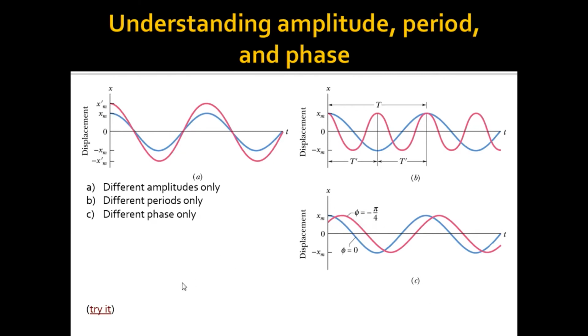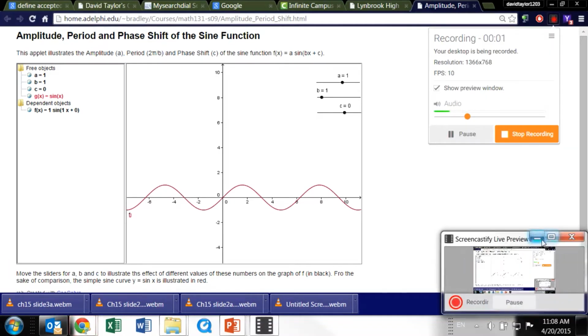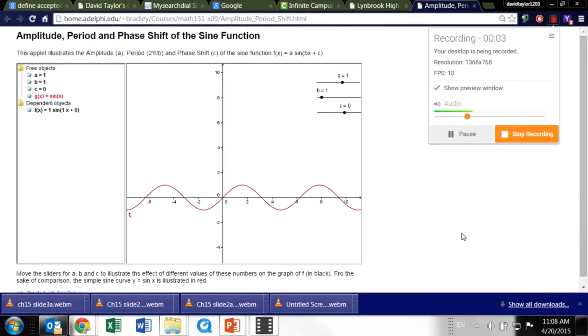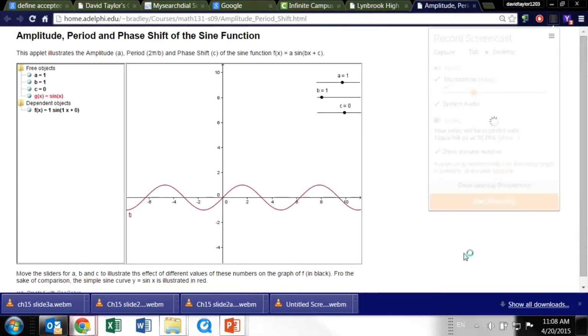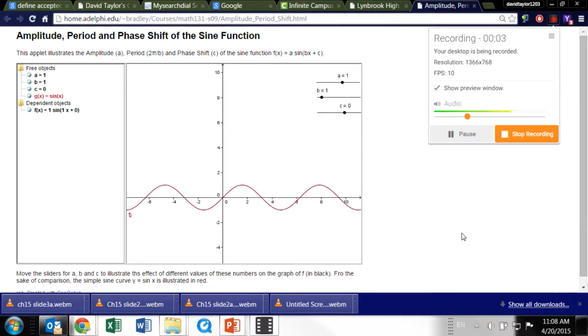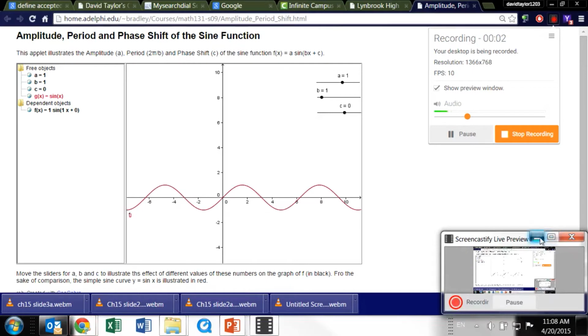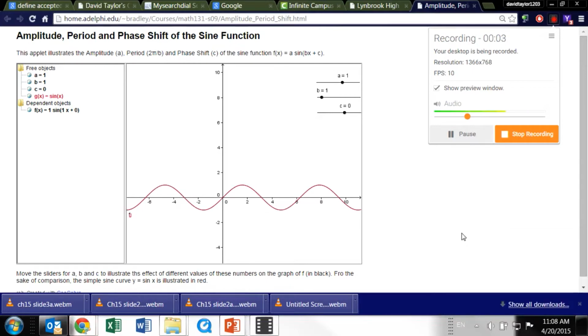So let's take a look at an example. If you want to try this out yourself, you can try this at this website here. Okay, so I clicked on the link on my PowerPoint slide where it said try it, and it takes me to this website, and here is a graph of an oscillation, and it's going to allow me to vary the amplitude, the period or the frequency, and the phase.